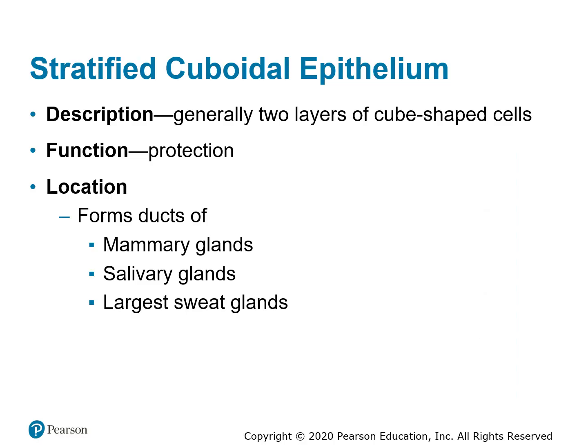Okay. Stratified cuboidal epithelium. Usually it's only about 2 layers. They do a little bit of protection. These are still relatively rare. You'll find them in some of the larger ducts or glands in your body, like your sweat glands, your salivary glands, your mammary glands, here and there.